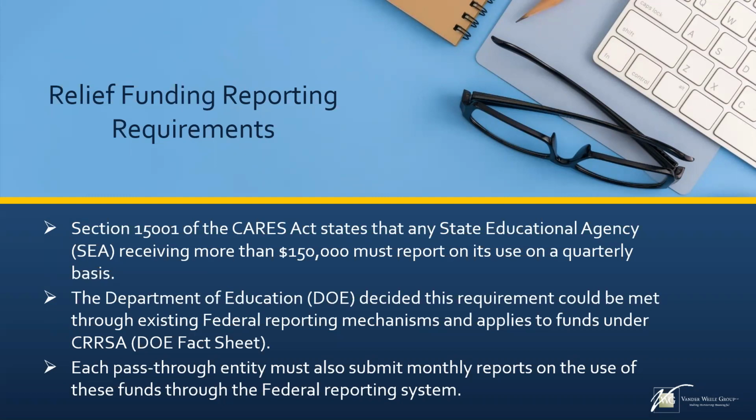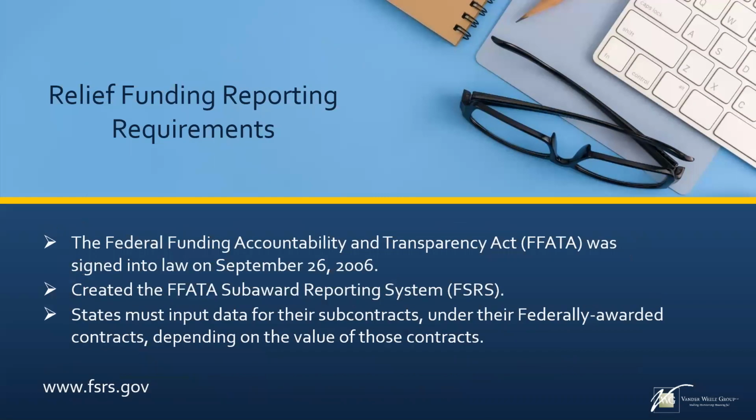Luckily, there was already an available reporting system in place: the Federal Funding Accountability and Transparency Act created the FFATA Subaward Reporting System. So each subrecipient, through their own state or local agency, has to report on the use of the COVID-19 relief funding, which is then submitted to the state and then submitted to the federal government.